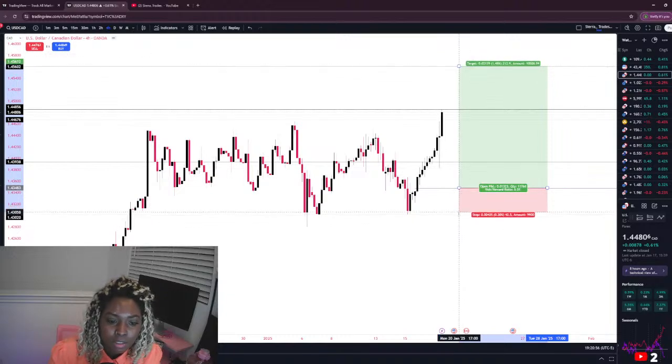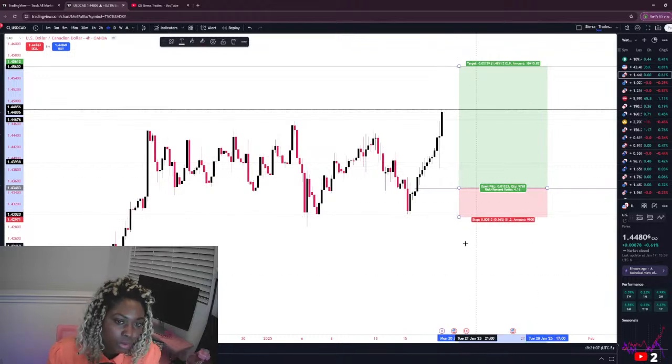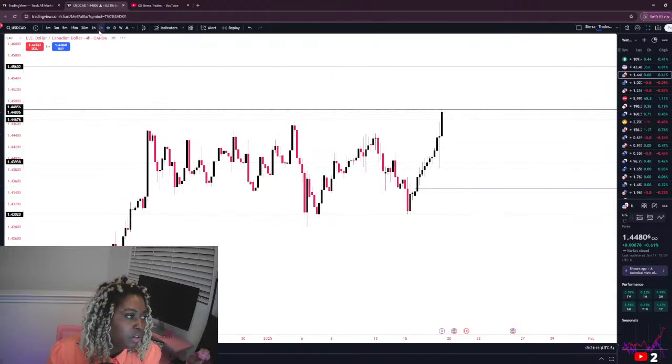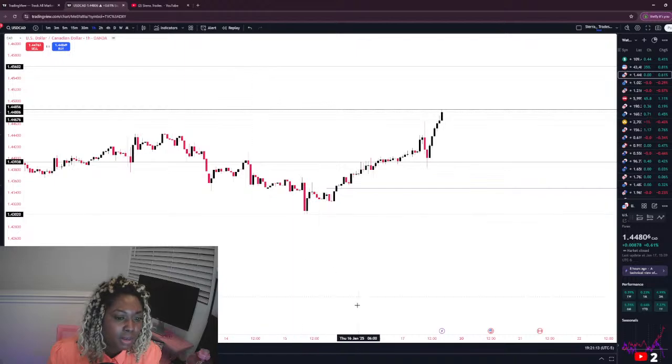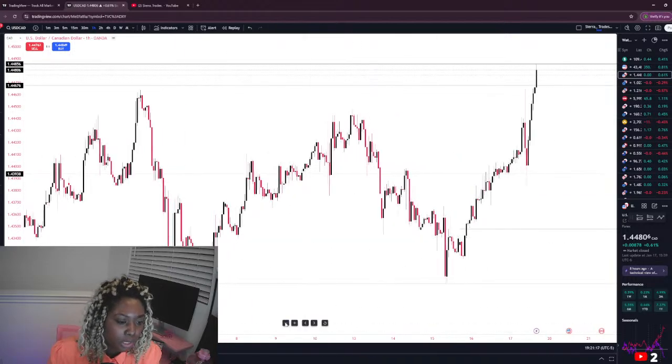And my stop loss is going to be below here. And that's a 4-to-1. 50 pip stop loss to a 200 pip gain, which would be beautiful, right? But we're going to come back Monday, let Monday tell us what price is going to do for the week.